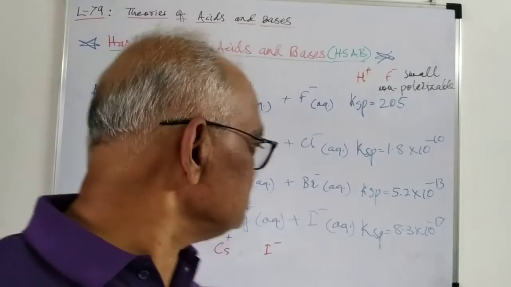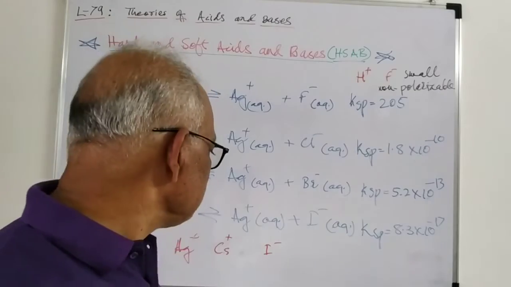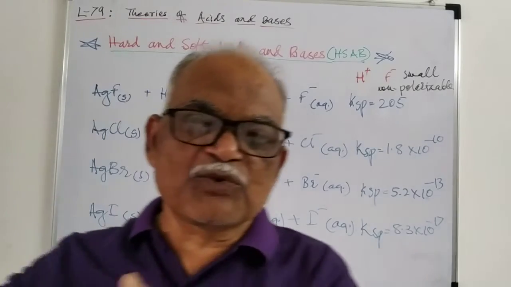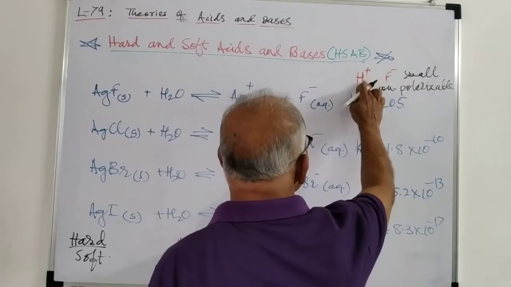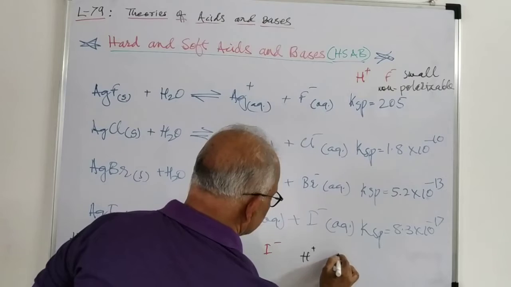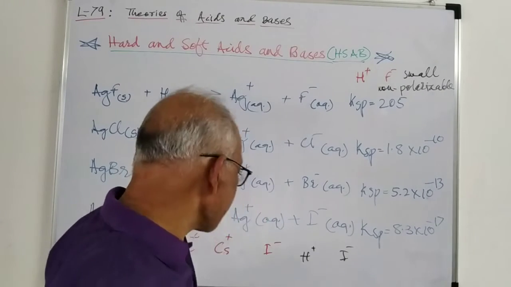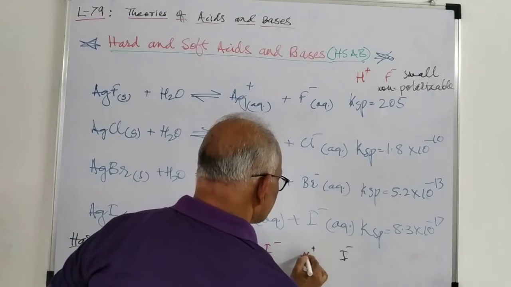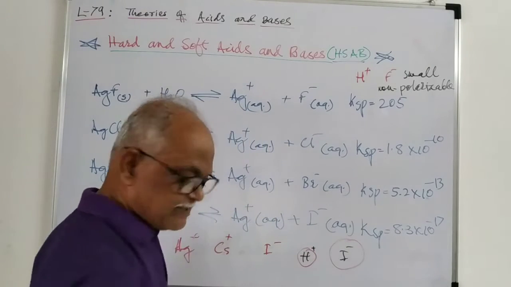The electron cloud of I minus can be polarized, meaning it can be attracted towards a cation. So if H plus and I minus are there, say this is the electron cloud of H plus and this is the electron cloud of I minus.